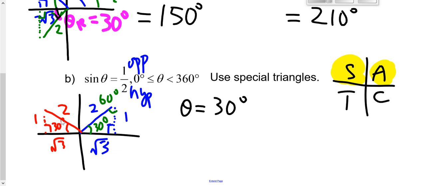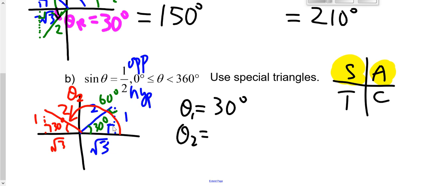But this is the reference angle and we already have 30 degrees. So for this one, we are talking about this. What is this angle theta? If you want to distinguish this one from the previous one, you can call this theta 2. So call this theta 1 and theta 2.